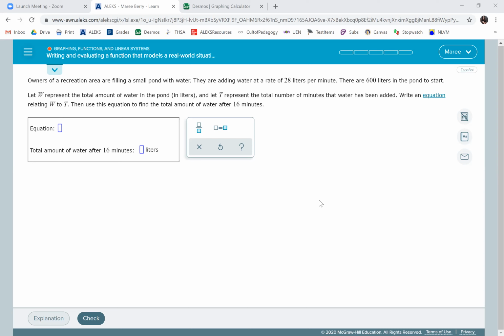So if we look at just examples, the total amount of water at 0 minutes equals, it starts with 600, and then we add 28 times 0 minutes, which is 600.